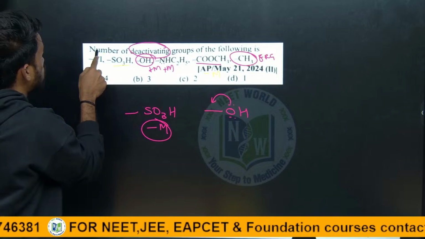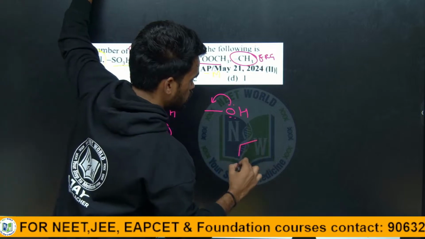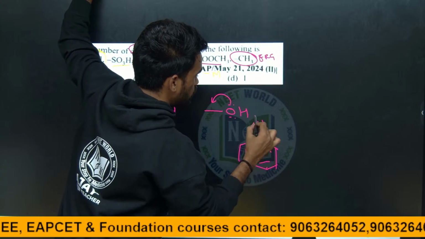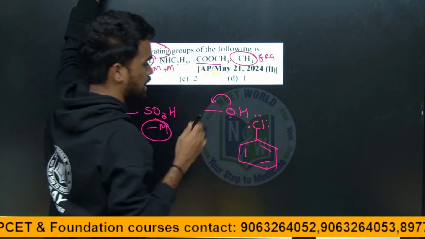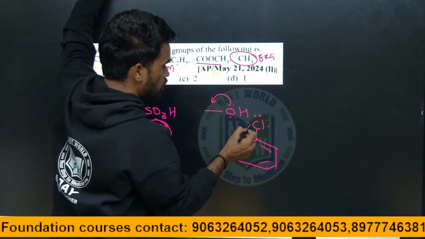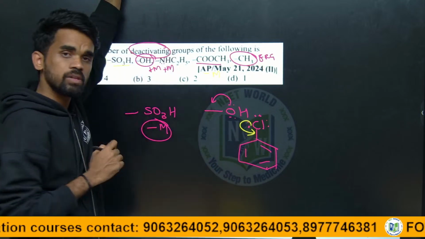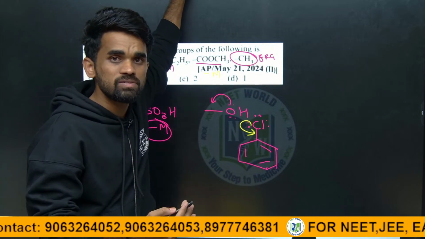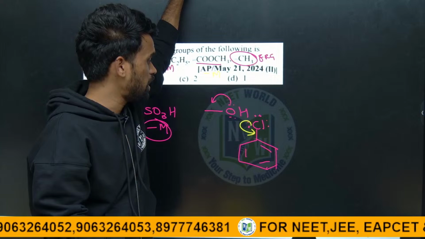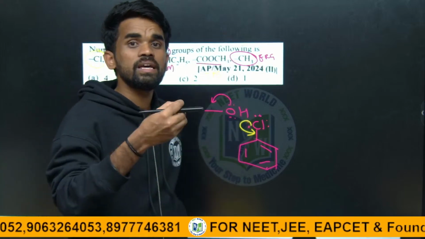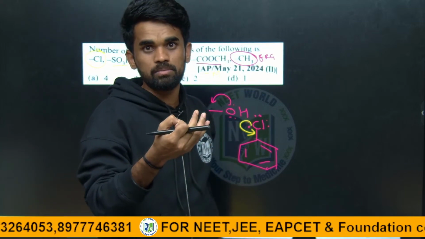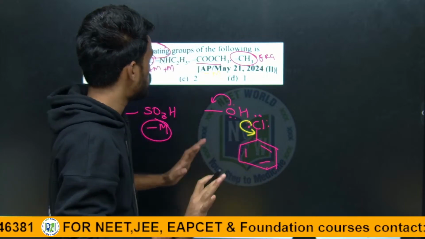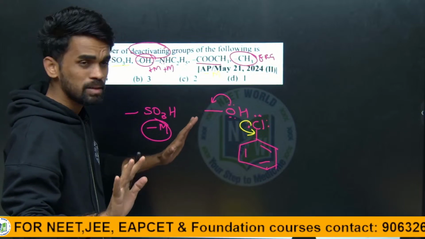And what about chlorine? Here you need to remember one thing. On chlorine we have lone pair electrons, which are non-bonding electrons. These non-bonding electrons are donated into the ring. Okay, that is fine, but the minus M effect of halogens will be more dominating. Therefore we can say halogens are weak ring deactivating groups. So finally, what are the deactivating groups?